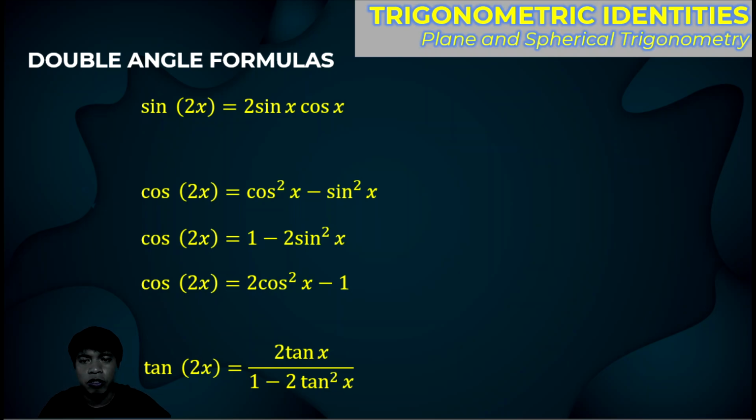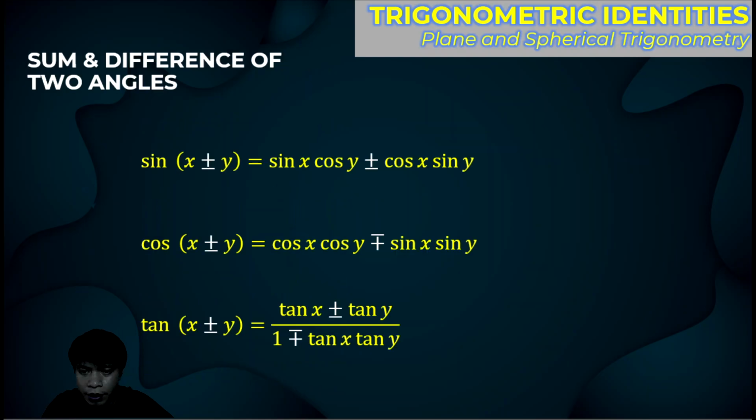Okay, so actually guys, pwede nyo namang itong ma-derive using yung kaninang napag-usapan natin na mga formulas. Ito yung sum and difference of two angles, di ba? So ang ibig kong sabihin guys, para ma-derive mo yung double angle formulas, all you have to do is gawin mong x yung y. Okay? So kung ganon, edi pwede mo na siyang i-add or i-minus yung ating mga formulas na nandito.